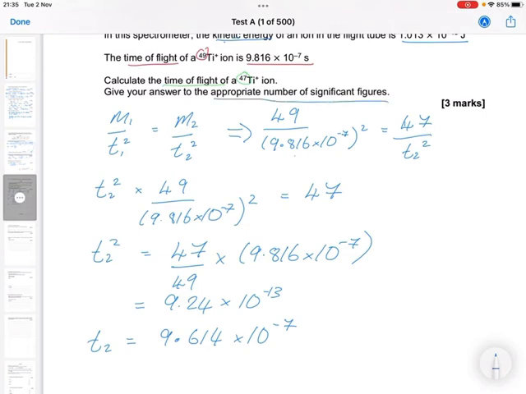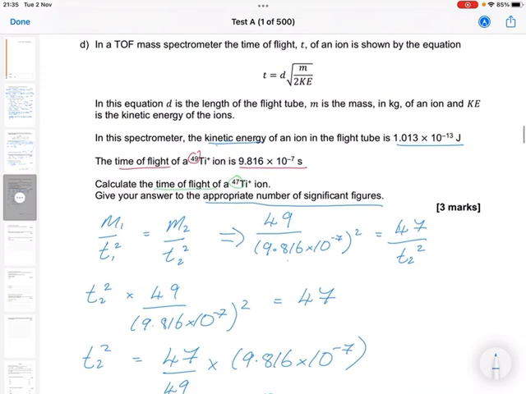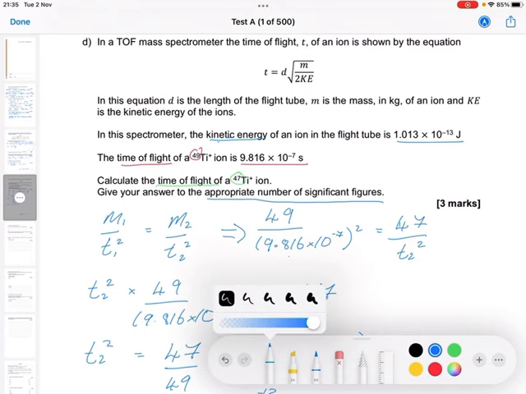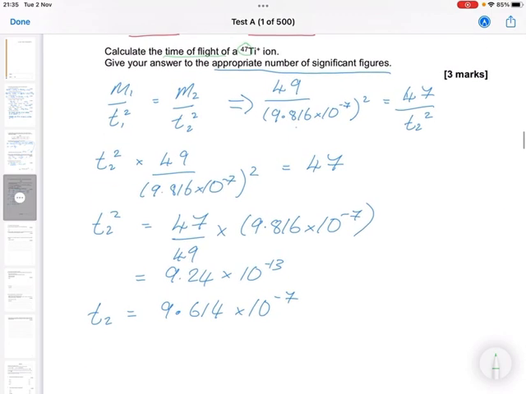So we've got to go back into the question and have a look at the number of significant figures that we're given. And the significant figures that I am given, if we just change colour, so there's 4 significant figures here, 4 significant figures here, which means the answer here has to be to 4 significant figures as well.